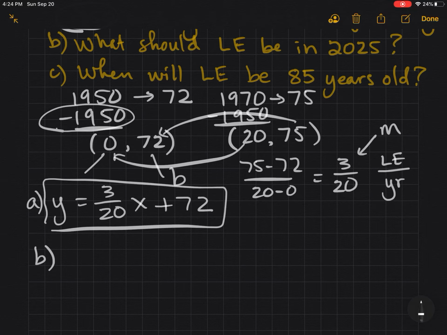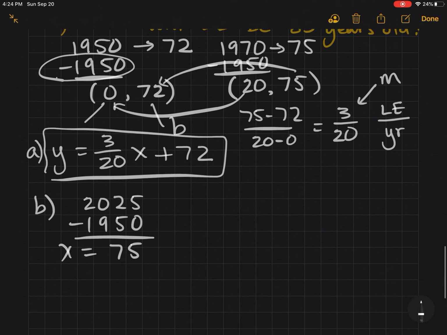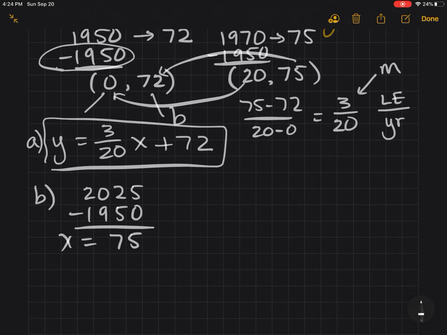So for part B, what should the life expectancy be in 2025? So we need to find our X. The number of years since 1950 is our X. So X equals 75. And we're going to solve for Y. So we can simply plug in X there.